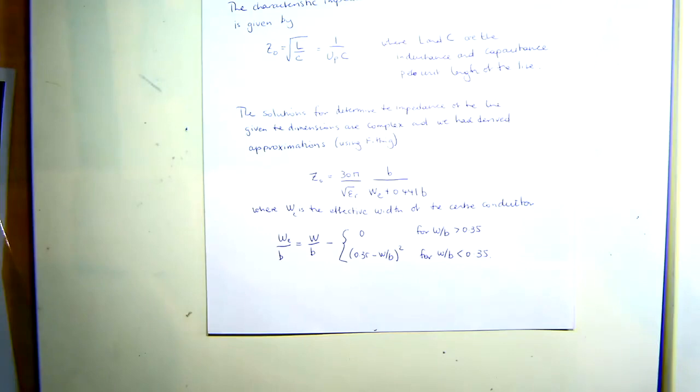What people have done is build a ton of these transmission lines, or simulate a ton of these transmission lines, and do some fitting. Remember when you don't know a particular equation, you say, let's assume the data fits AX plus B, and let's find A and B so that it fits the data. That's what's been done here. So there's no real physical intuition. So don't try to derive it.